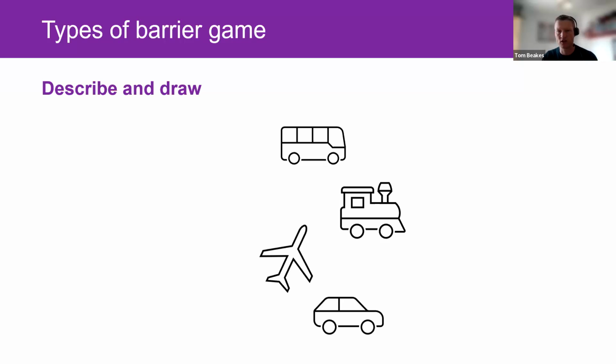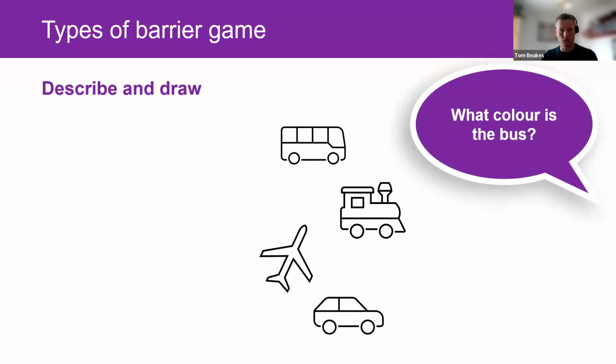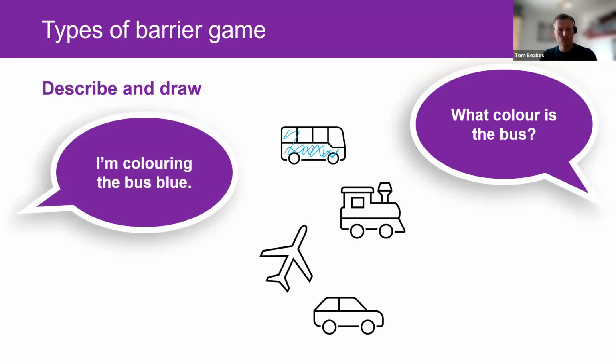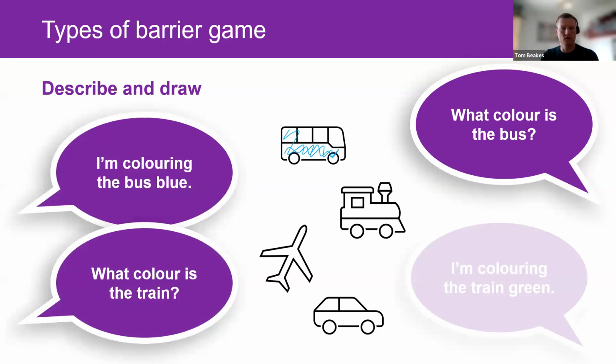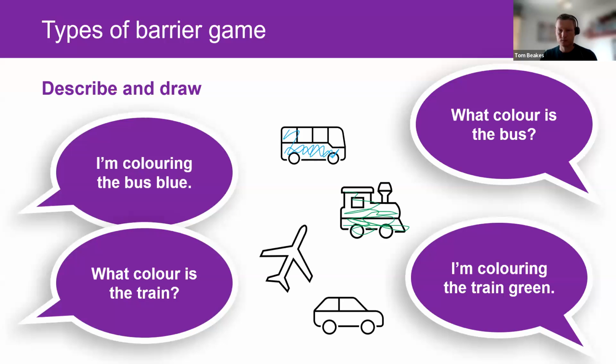So we've got transport vocabulary here, for example, and they take turns asking their partner what color something is, and then listen to the response and copy it. The aim is that they end up with the same colors on their sheets, and they can compare at the end if they've done it correctly.